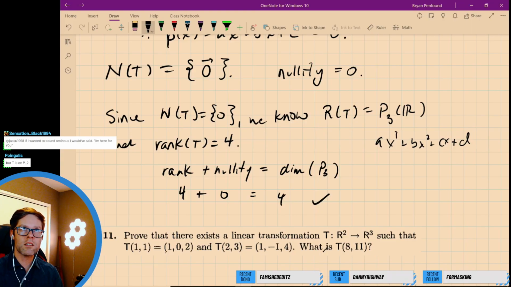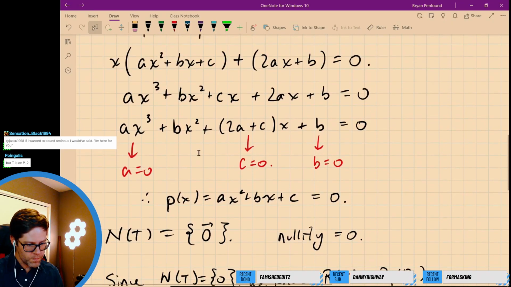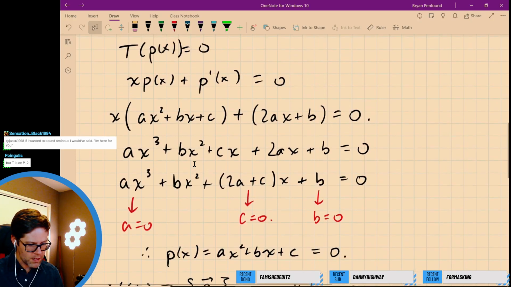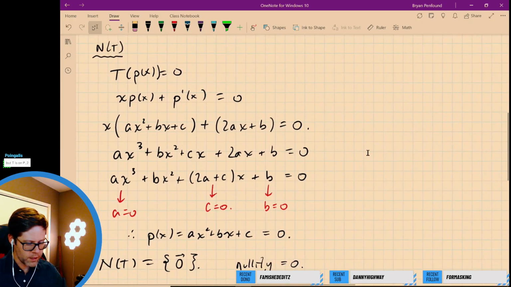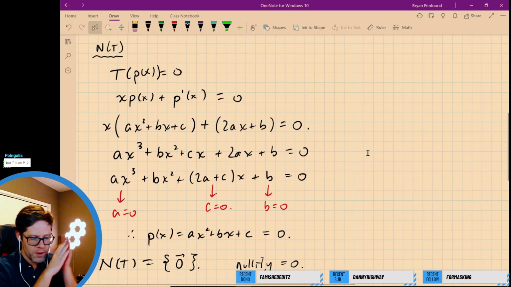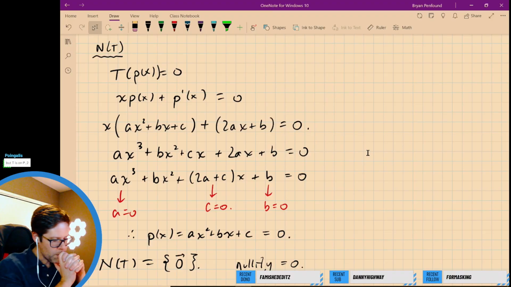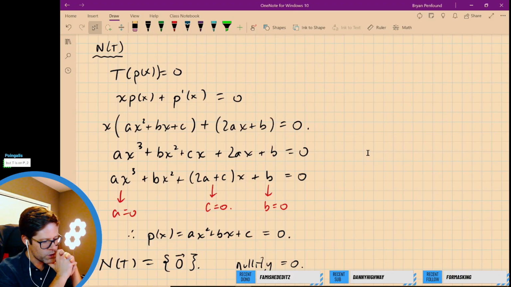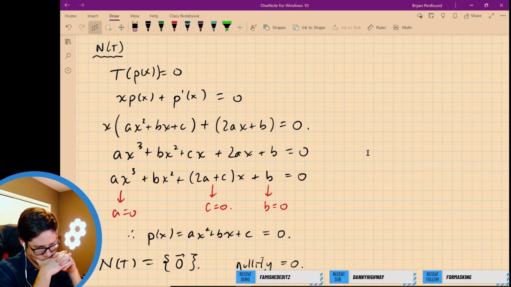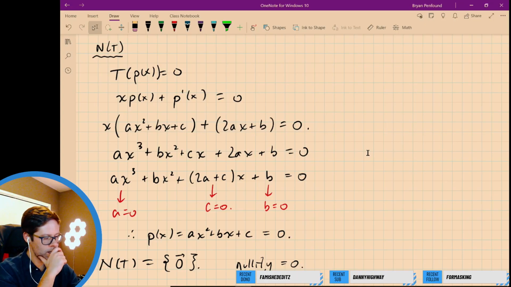I only have 3 basis vectors. I can't magically produce a basis vector. Did I mess up something in my nullity question? I think I understand what you're saying now. So if I take a polynomial of at most degree 2... Okay, so it's not the nullity that's the problem.